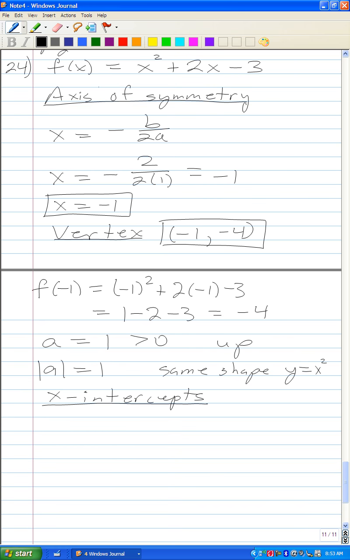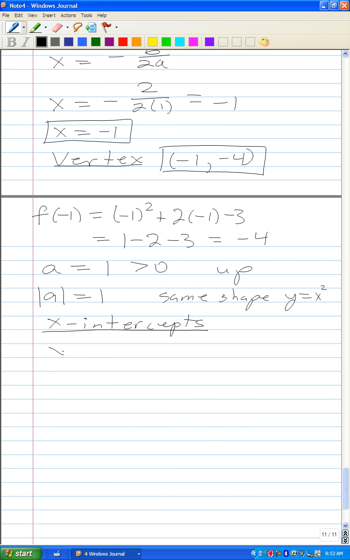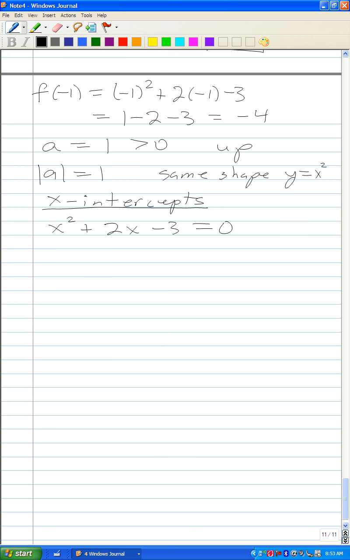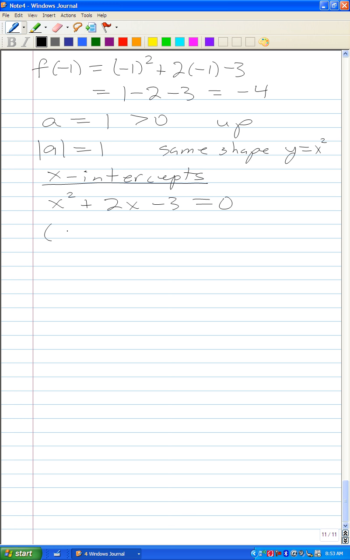So x squared plus 2x minus 3 equals 0. And, well, in this case, actually, I can factor this. This is a nice monic quadratic. I have a plus times minus is minus. I want to find two whole numbers whose product is 3 and whose difference is 2. 3 and 1.